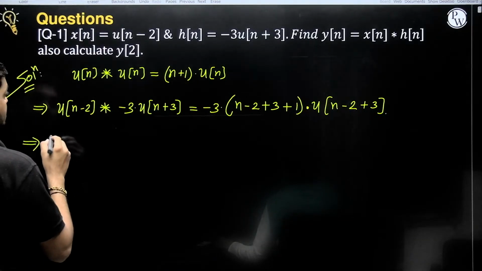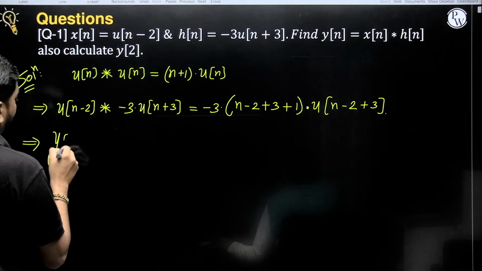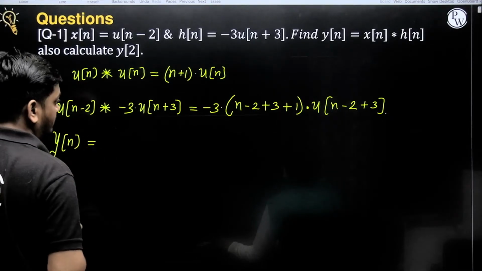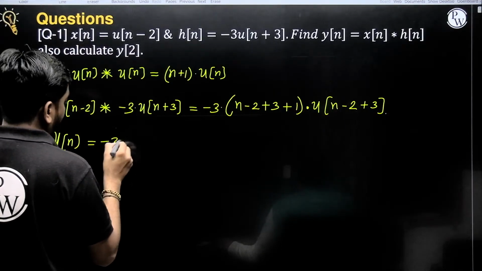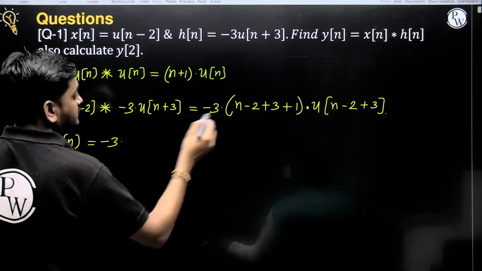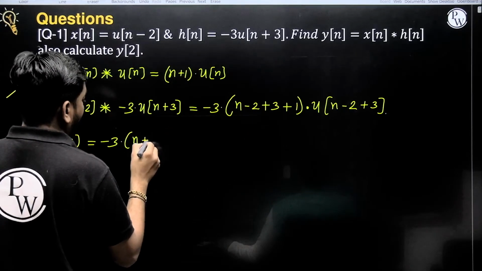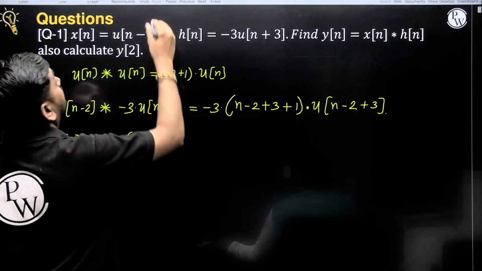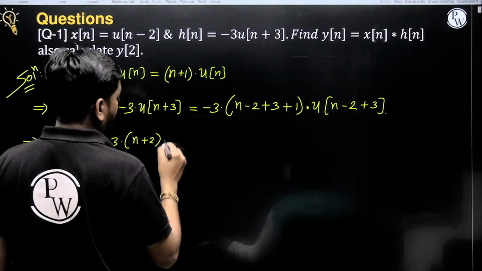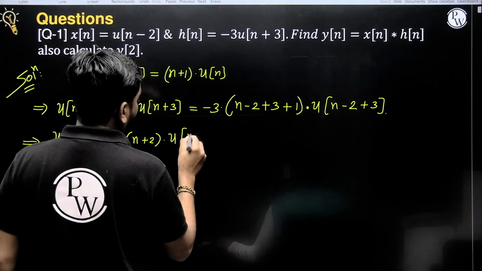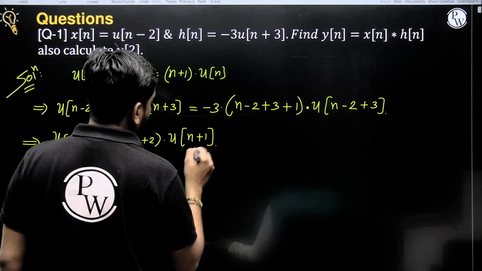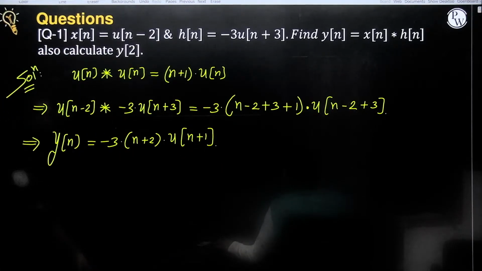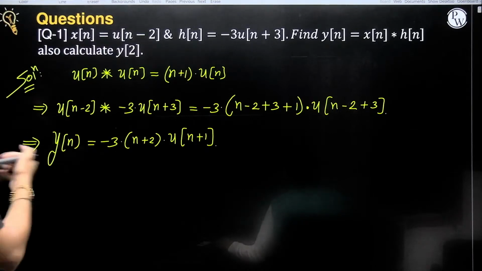So suppose this is y of n, and y of n is equal to minus 3 times (n minus 2 plus 3 plus 1) u of n plus 2, that is, minus 3 times (n plus 2) u of n plus 2, correct?